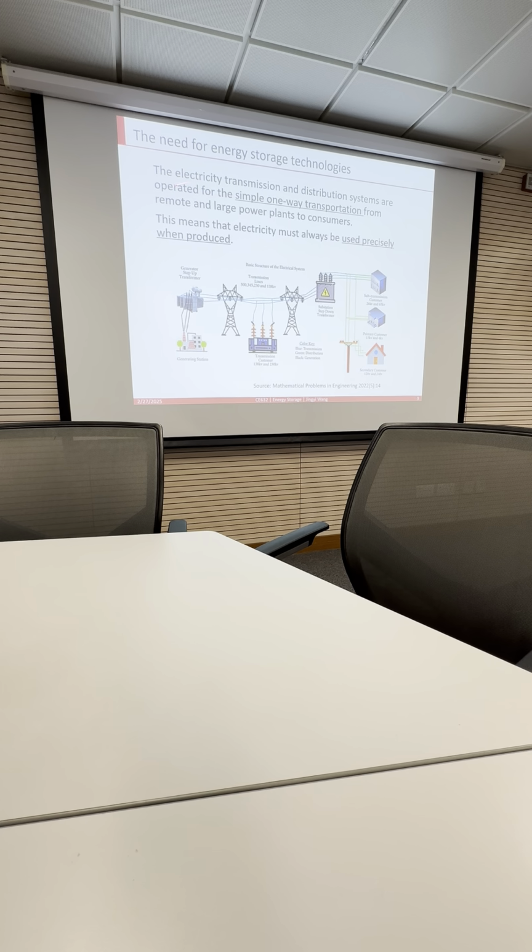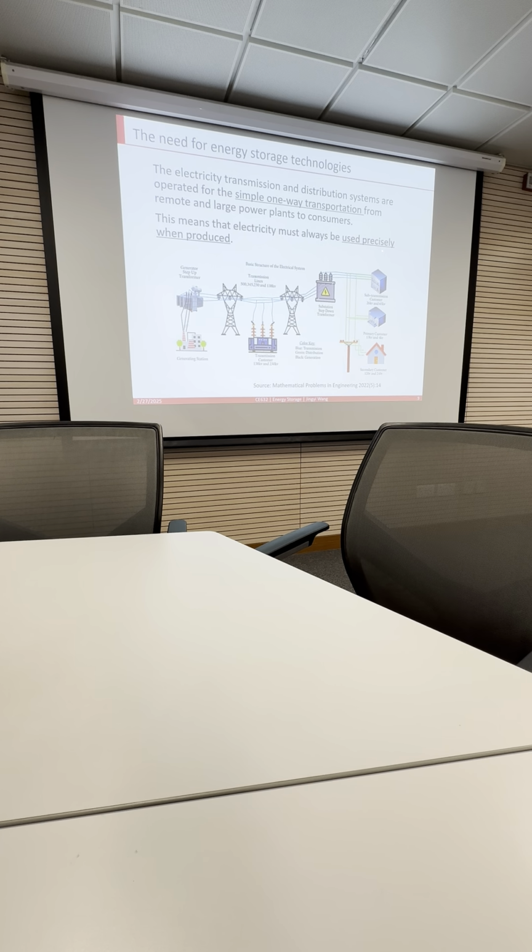Here is a point: electricity generation, transport and distribution is a simple one-way system. That means the electricity generated should be used precisely when produced. So how much electricity we produce, we use it directly, instantly.